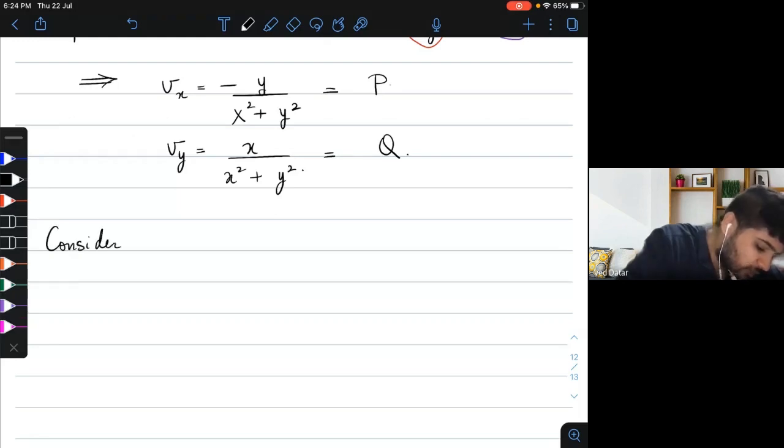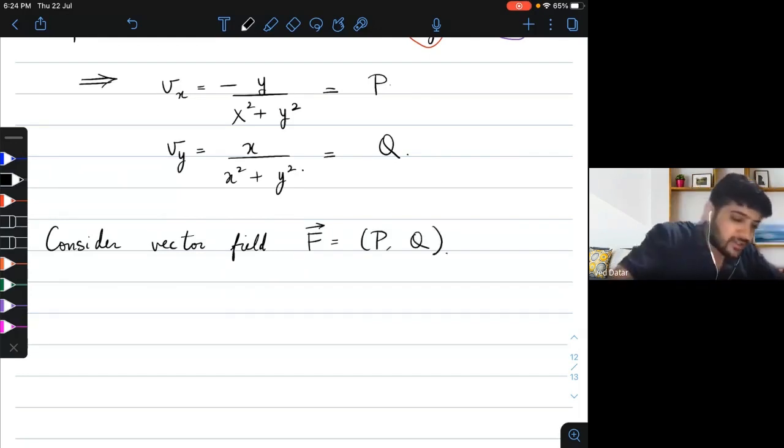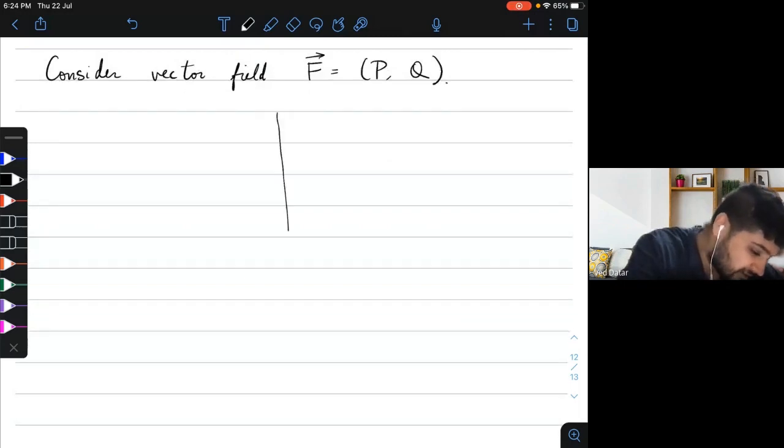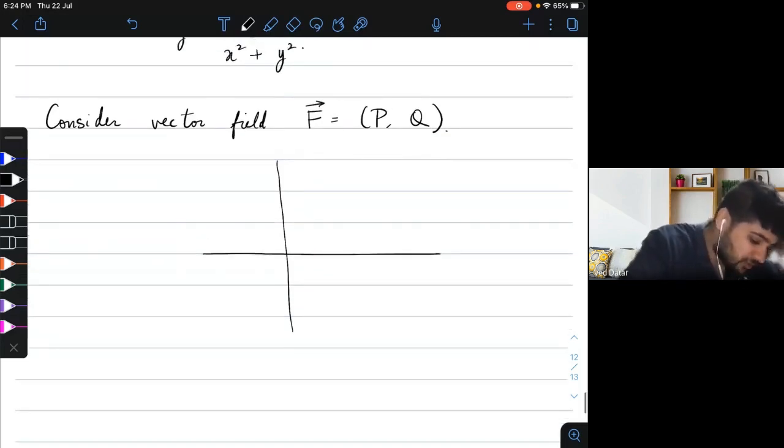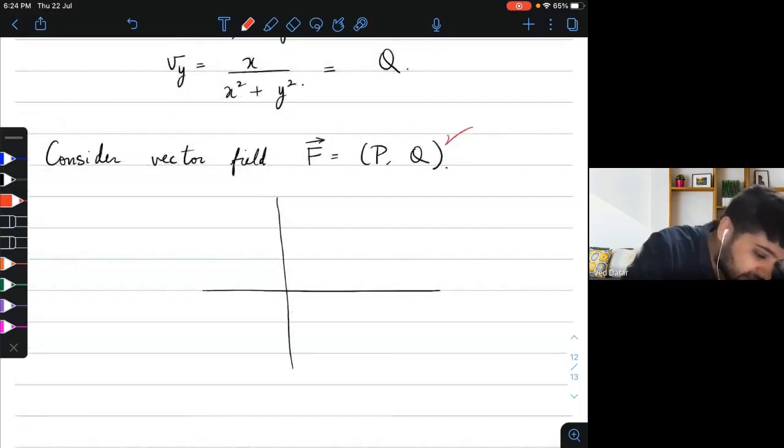Next, I'm going to consider the vector field F given by P, Q. Okay. So let's draw a picture. The key point is that this is actually well defined and smooth on all of omega, right?